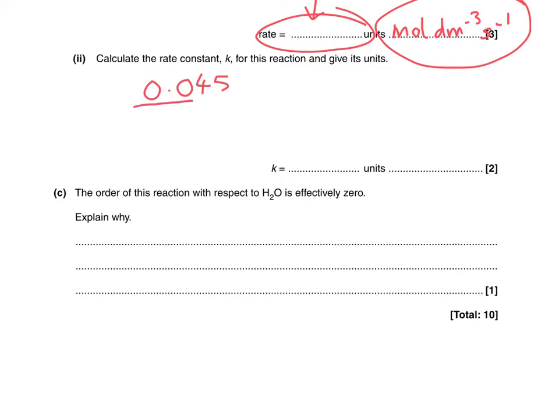So you've got to go back to the graph, read the concentration at the point at 40 seconds, which was 3.45, and that will give you a value for k of 0.013. This one, they will allow you to use anything between 3.4 and 3.5.